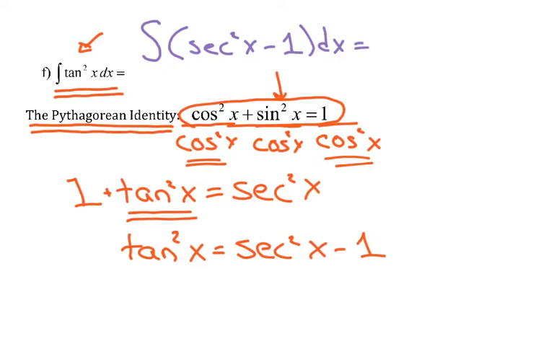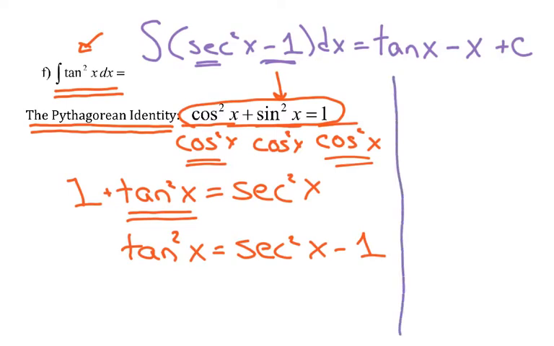And I know a function that has as its derivative secant squared x, namely tangent x. What's the antiderivative of 1? Well, I hope you will agree that it is x. So the antiderivative of tangent squared x turns out to be tangent x minus x plus c.